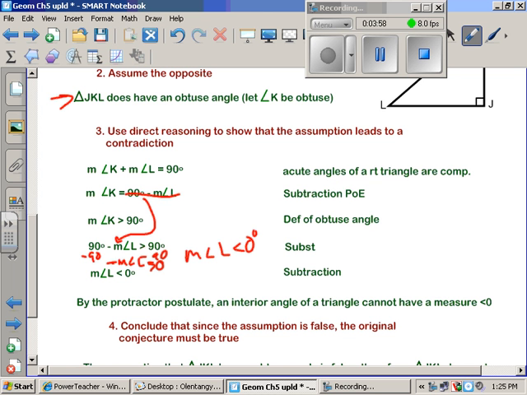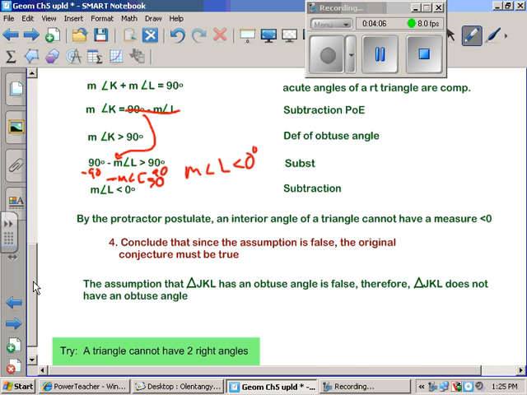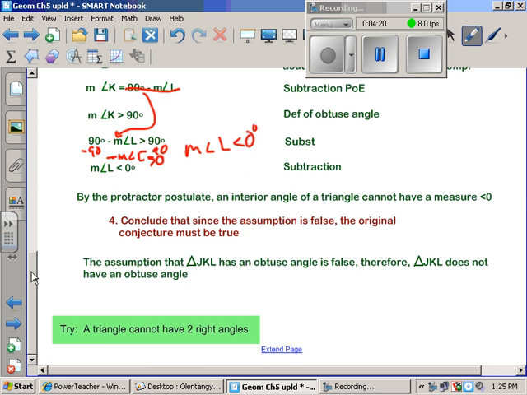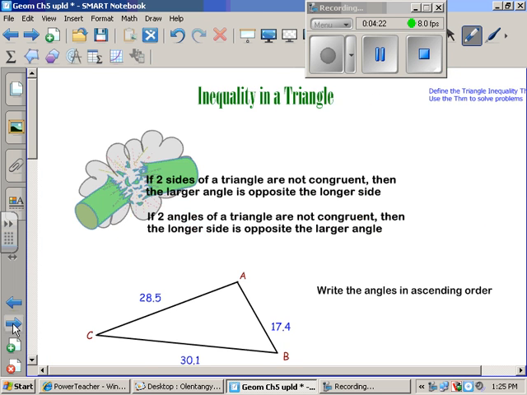Obviously, no angle can have a measure less than 0. So the conclusion must be that since the assumption is false, the original conjecture must be true. Okay, so by proving my inverse is false, I'm proving that my original statement was true. All right, so that's indirect proof.